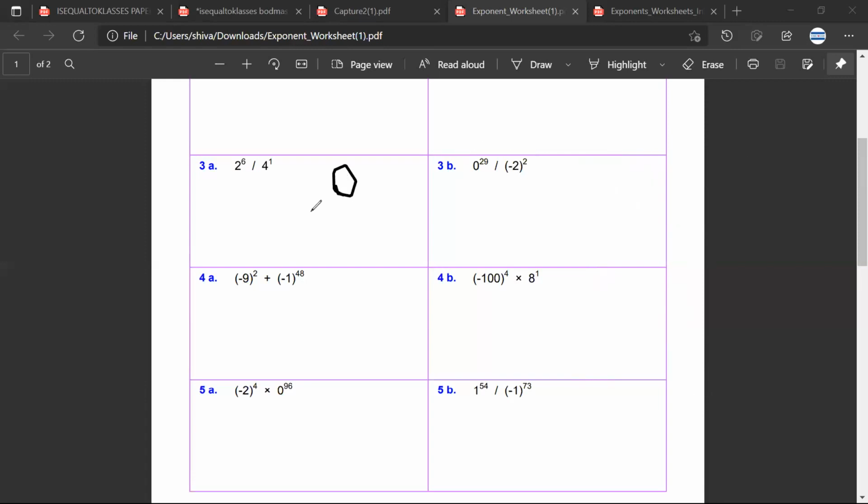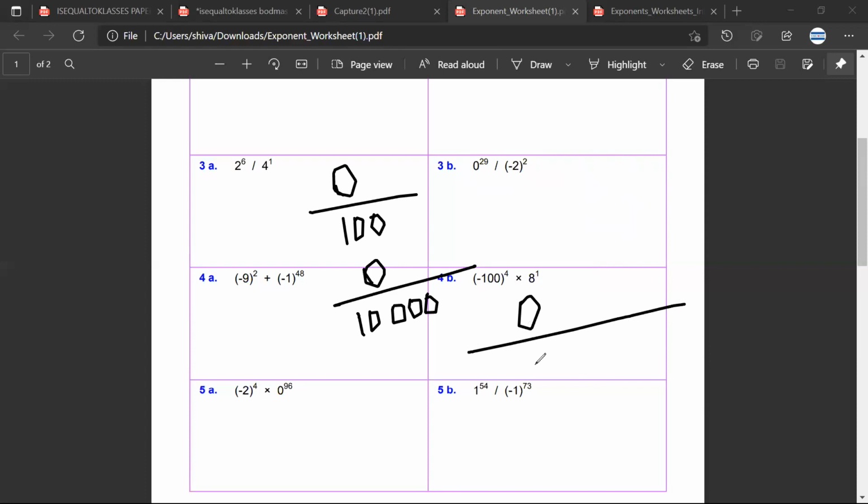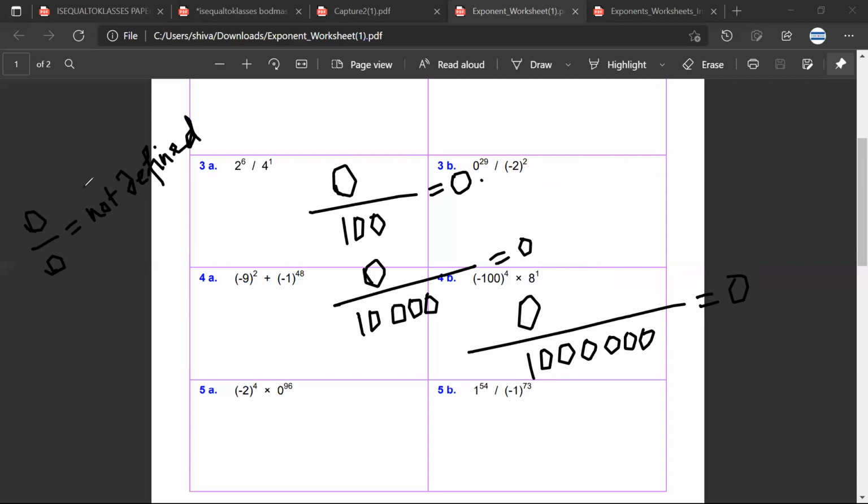So 0 upon 100, 0 upon 10,000. 0 upon any number is 0. Any doubt? No, sir. And again, 0 upon 0 is not defined. Any doubt? No, sir.